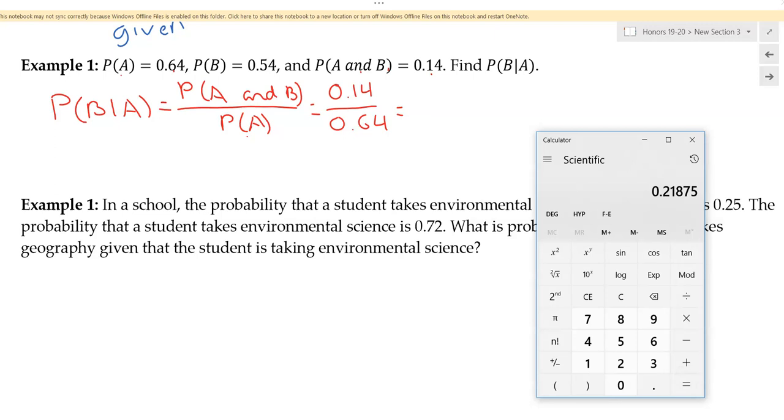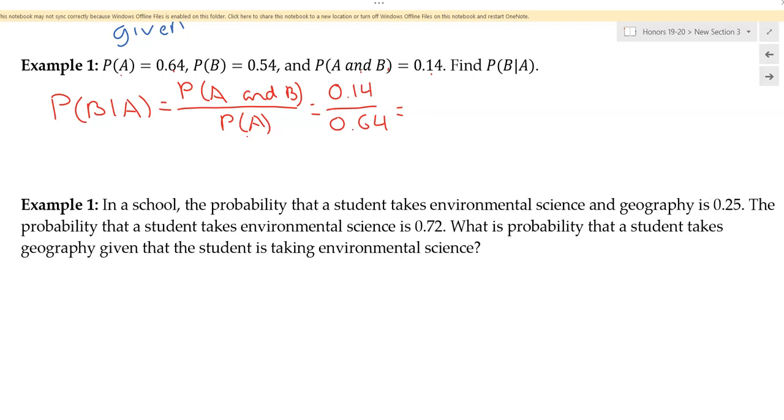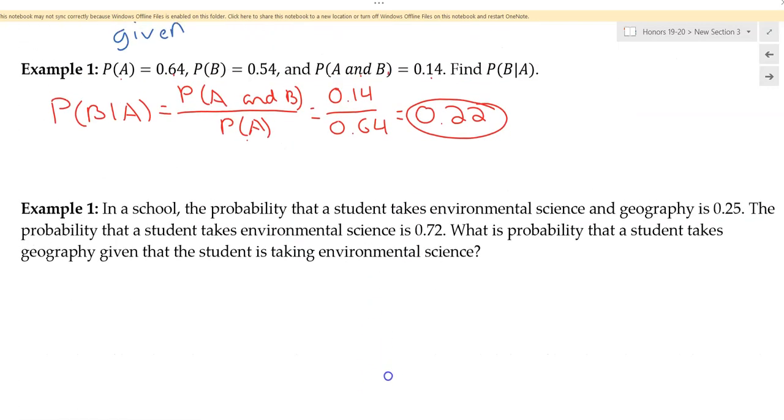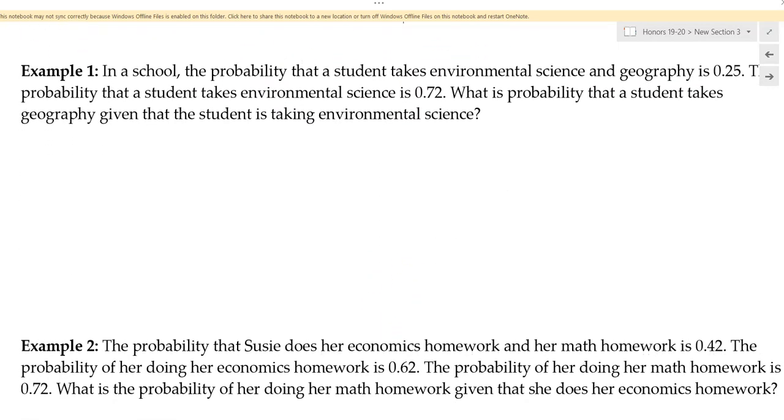These are 2 decimal places, so we'll also round to 2 decimal places, 0.22. And usually we keep our answer in whatever form it was given to us. So it was given to us as decimals here, so we'll keep it as a decimal. All right, let's look at our second example.